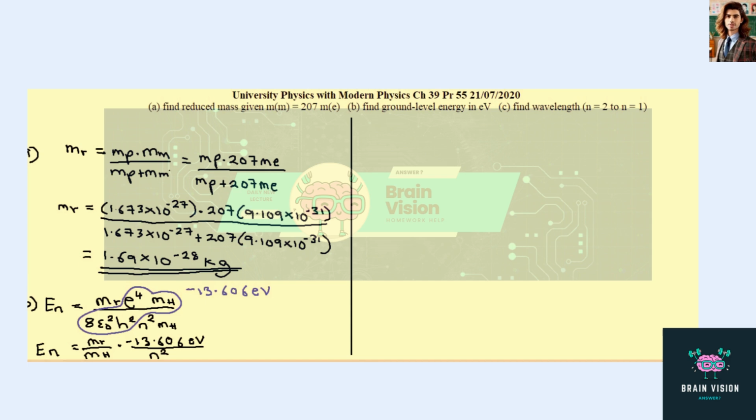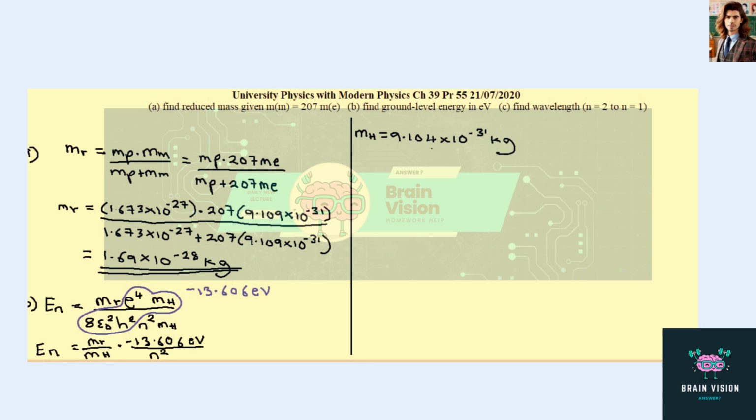So if you do that carefully, you would realize that the reduced mass of the hydrogen atom is equal to 9.104 times 10 to the power negative 31 kilograms.